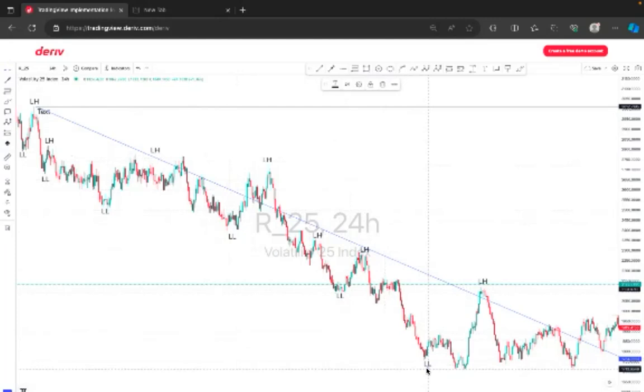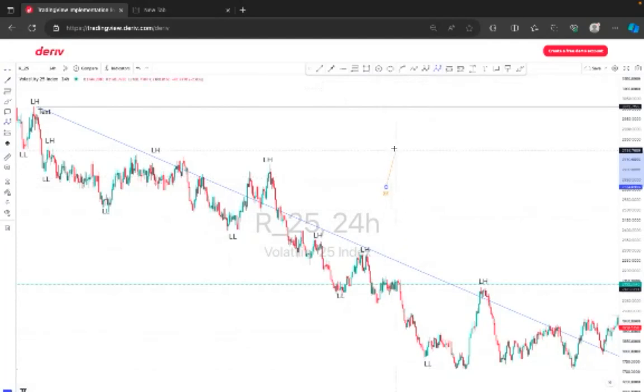Just like I said the other time, there are two names for all these movements. Since the market is actually going in a downtrend, that is the lower high, lower low, another lower high, another lower low, another lower high, another lower low.